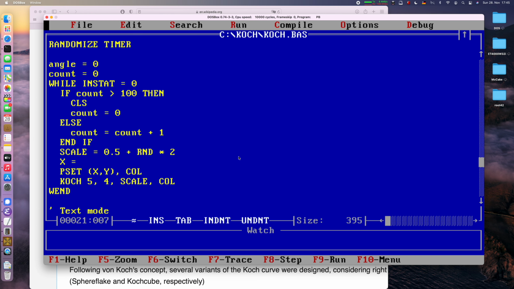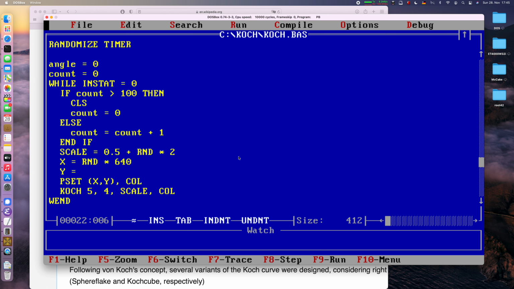The x-coordinate could simply be some random value times 640, which is the x resolution of the VGA screen, and the y-coordinate could be some random value times 480, which gives us coordinates between 0 and 640 and 0 and 480.